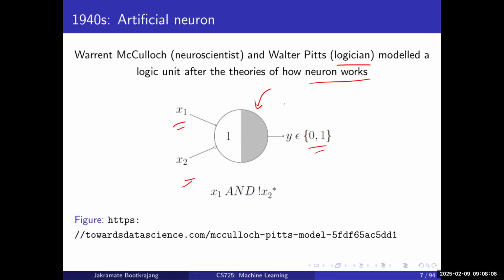And one of the very first logic gates for a neuron would be x1 and not x2, right? So that is the very first way that they built it. This one will always give you 0 or 1 because it's a logic gate, right? It's going to be true or false. True would be 1, false would be 0. So this is our very first neuron.